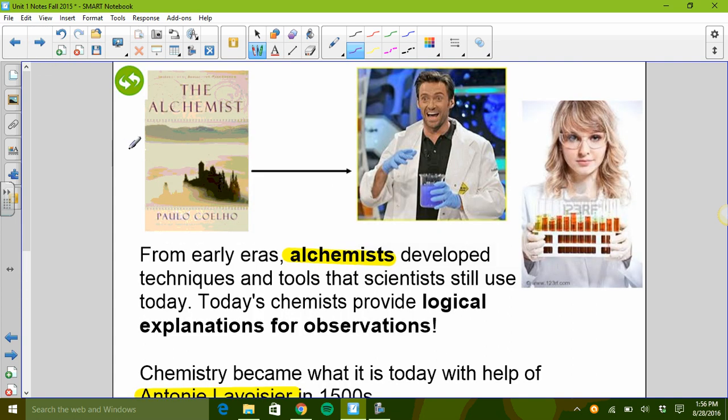So before we do that, this is a glimpse of what's in chapter 1. It talks about how chemistry has evolved from the early eras until now. Initially, there were people that we called alchemists that were the ones responsible for developing some of the first tools of chemistry. Some of you guys have maybe even read The Alchemist, the book.